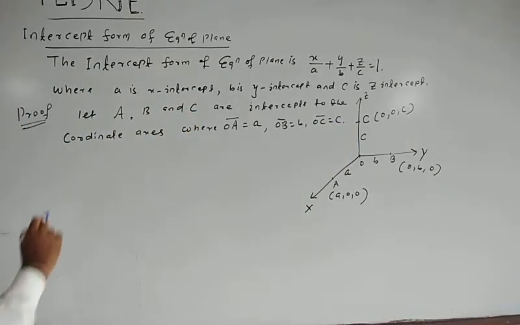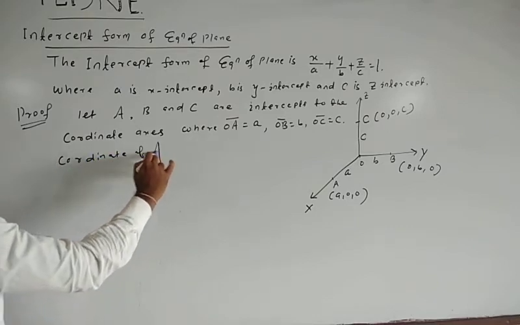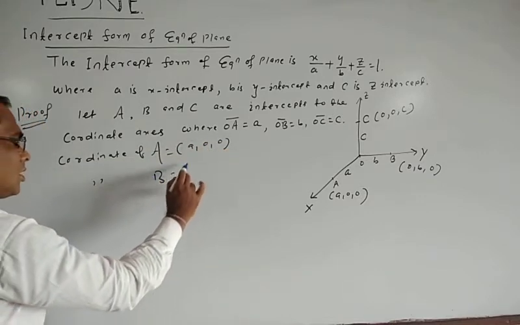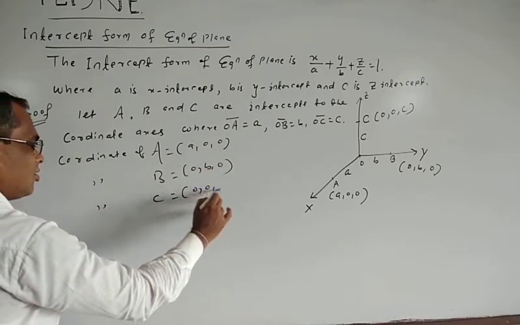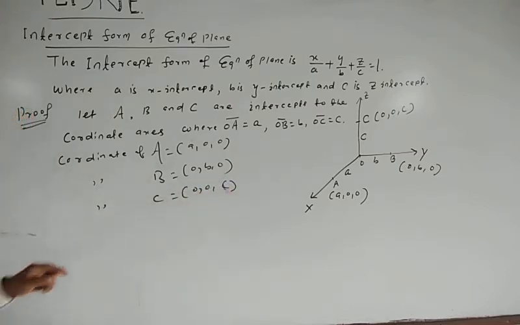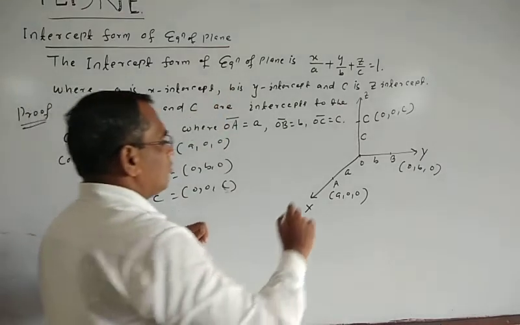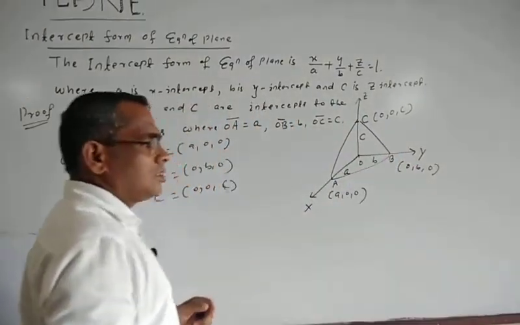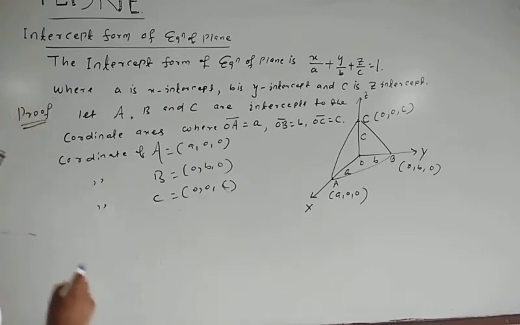So the coordinate of A is (a, 0, 0), of B is (0, b, 0), and of C is (0, 0, c). So clearly these points A, B, C lie on the plane, and you know the equation of the plane passing through 3 points using the formula in terms of determinant.